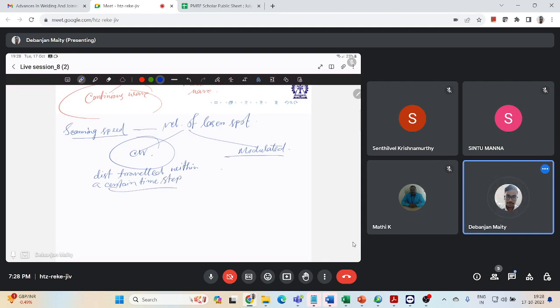And here the time is equal to the exposure time, for whatever time it is exposed to the system. Correct?